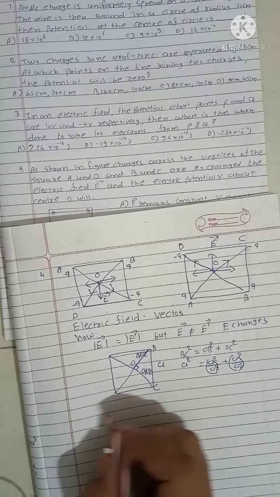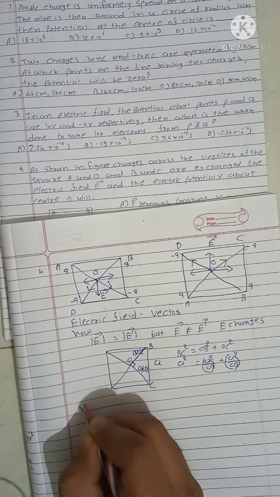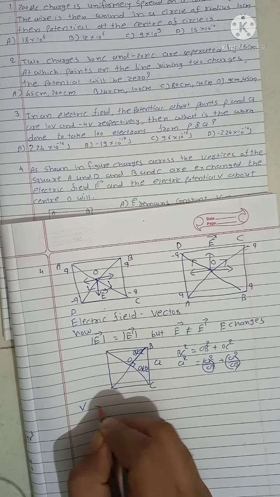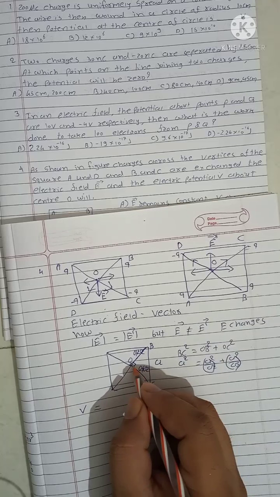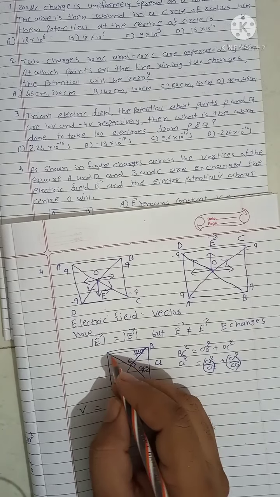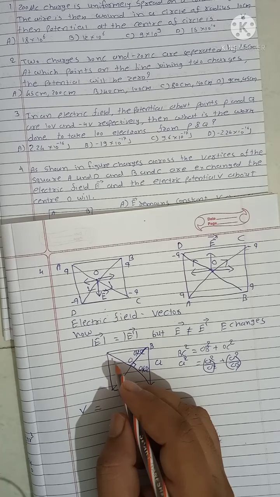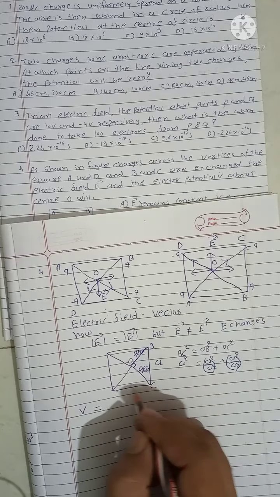So now calculate the total potential. The total potential at center O is due to the charges at all vertices.